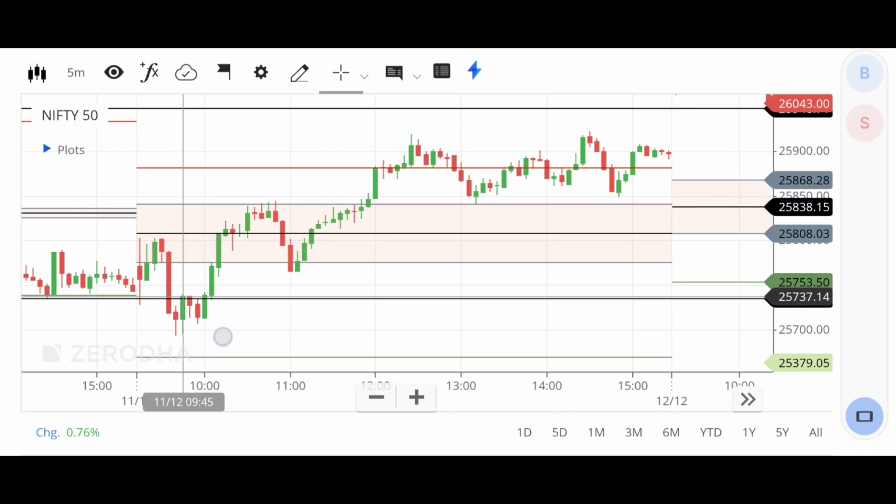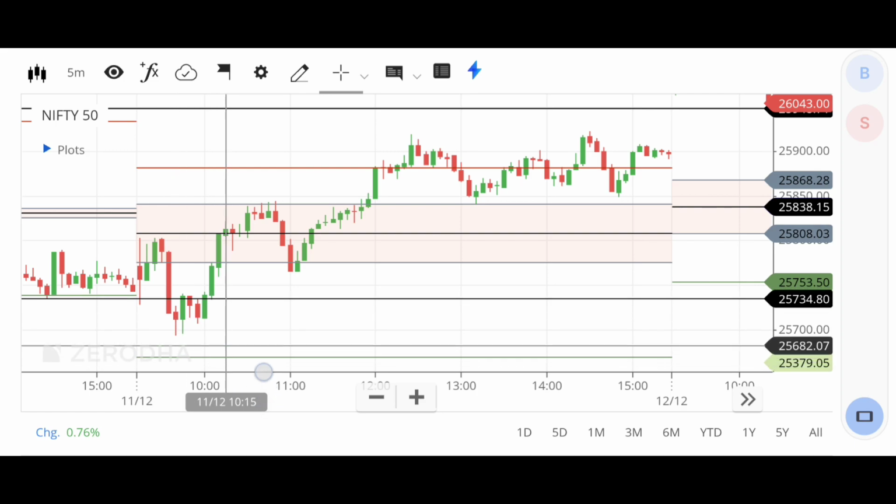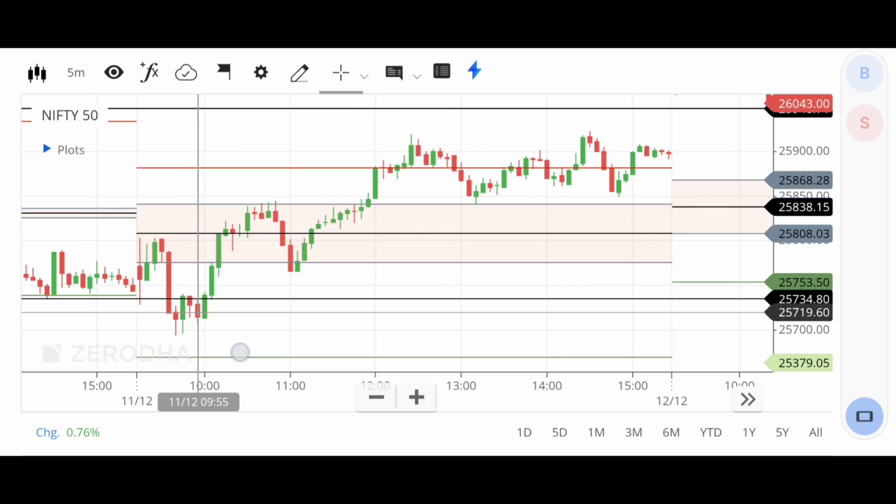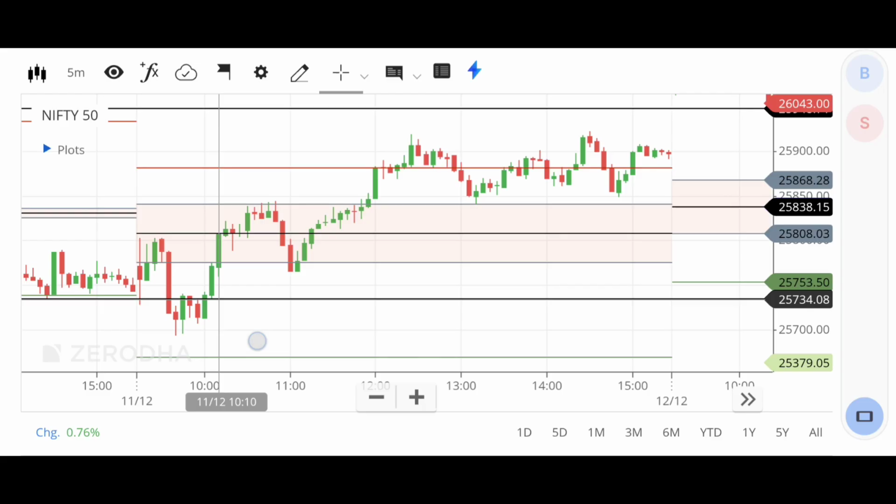So everyone must exit the trade whenever it opens above the important zone. Like we can enter at 9:40 and set the target here and put the stop loss above this black line, that is the previous day low. So my suggestion is to get out of the trade at 9:45 itself when it breaches the previous day low from below to above.